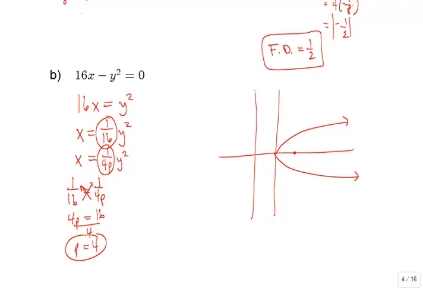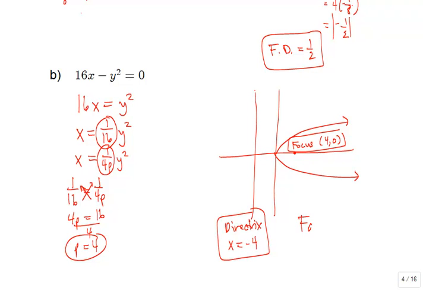So that means this focus must be at 4 on the x, because remember, this time we're going sideways, so this point right here would have to have an x coordinate of 4, and it's on the x-axis, so the y coordinate is 0. And the directrix would be this vertical line, and vertical lines are x equals, and if the focus is 4 to the right, then the directrix would be 4 to the left, which would make it x equals negative 4.